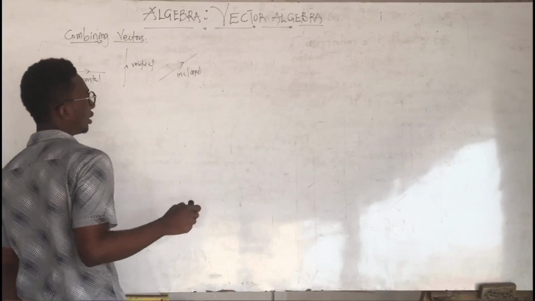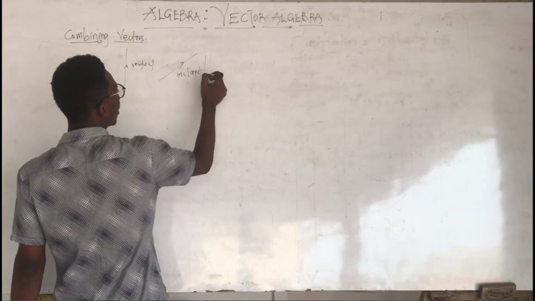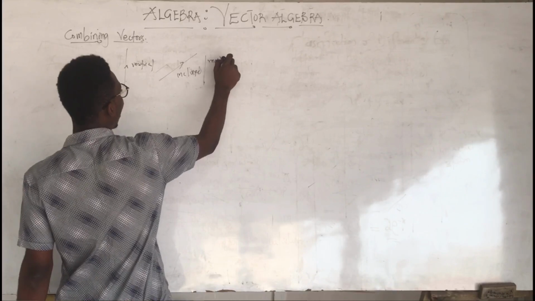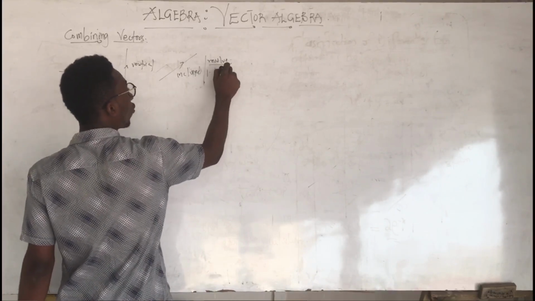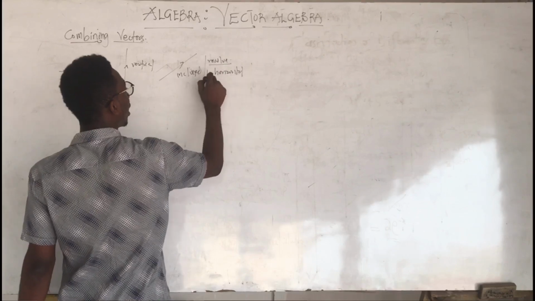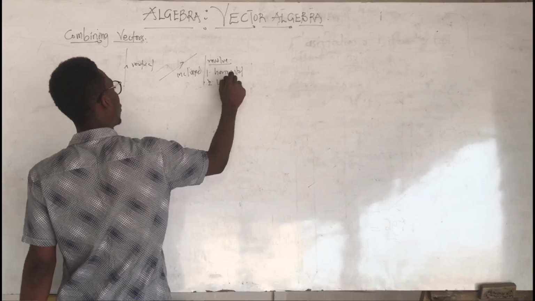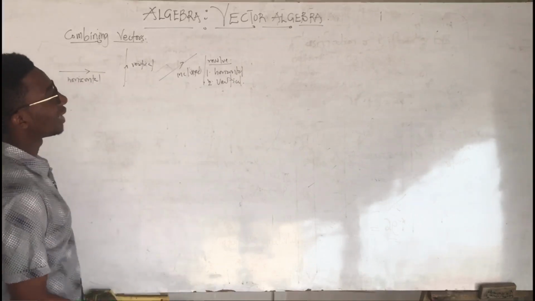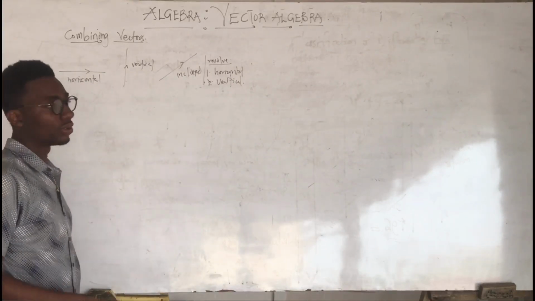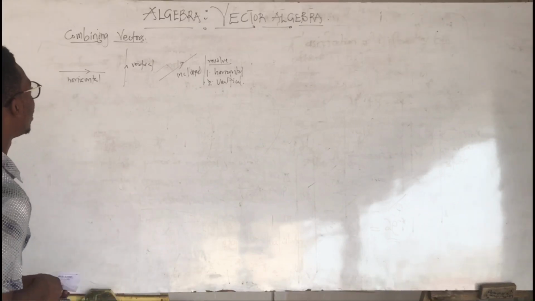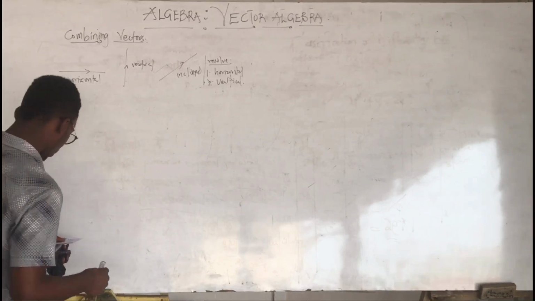Anytime you have an inclined vector, you have to resolve the vector so that, after resolving, you get the horizontal component and the vertical component, before you can do your vector addition.